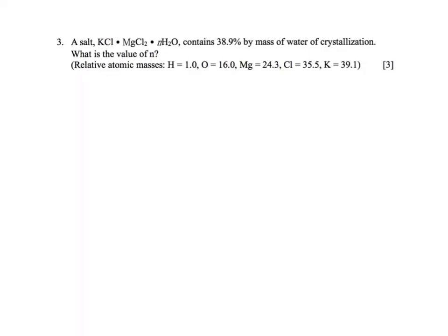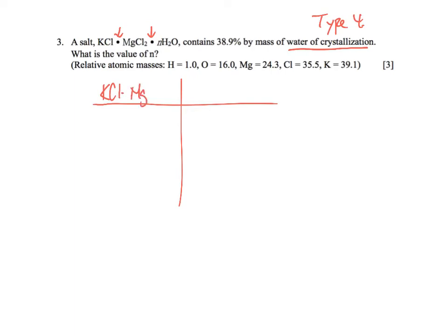The last one will be a type 4 question, because you can see water of crystallisation. But this time you find I got 2 dots right there. No worry, what you need to do is just separate KCl and MgCl2 together, while the extra one is the water. So you say that is 38.9. Do remember, let the mass of compound be 100 gram.